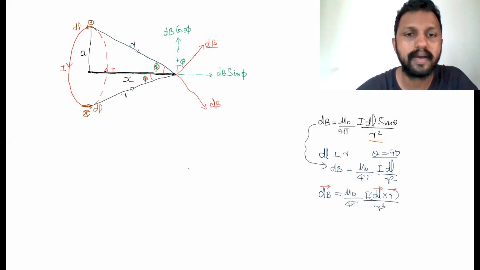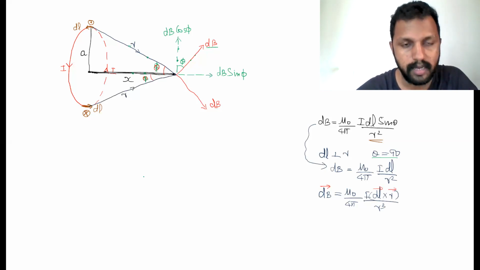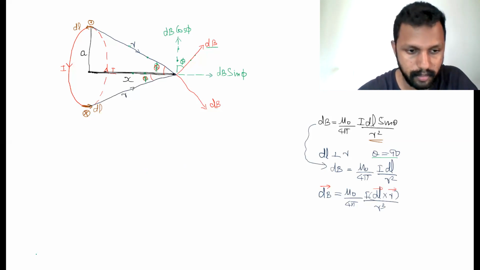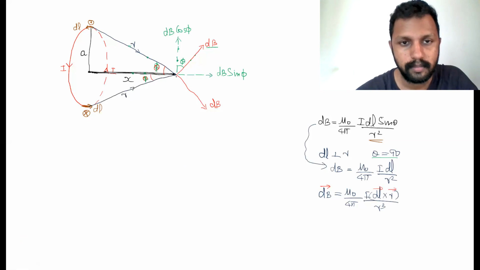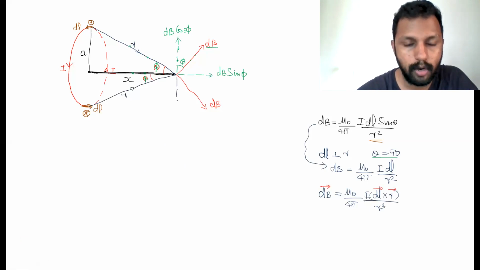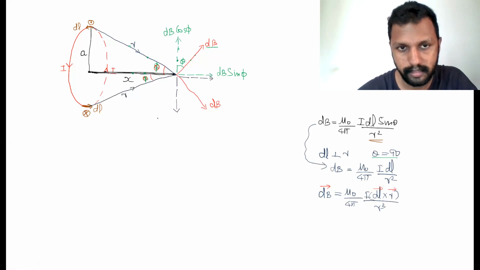In a similar manner, I could resolve this lower DB. Pay your attention over here. Let me use another color. The lower DB can also be resolved into two mutually perpendicular components like this.